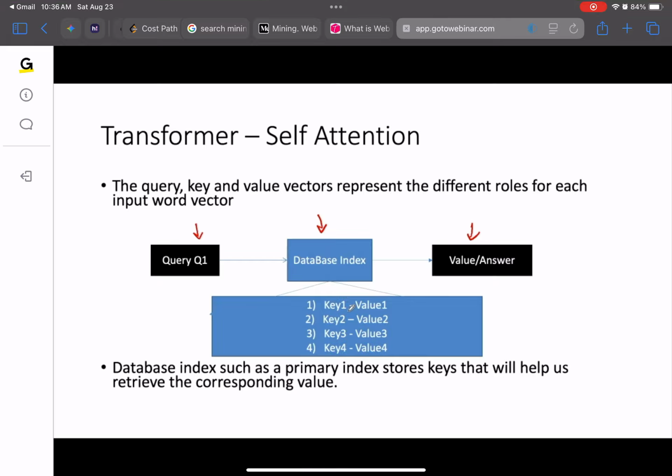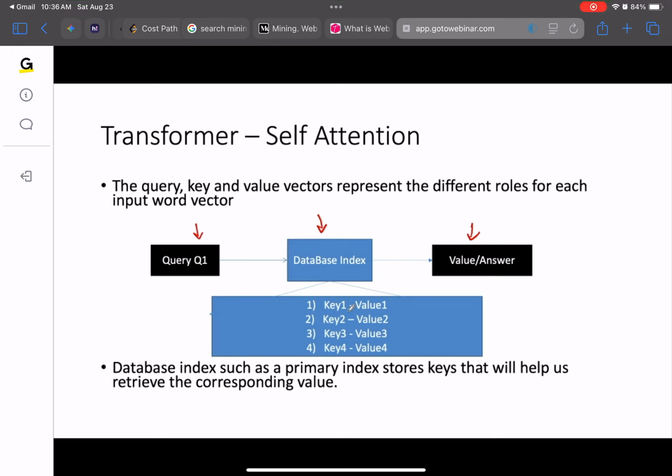In a similar way, we can understand the query, key, and value matrices. We first try to find the relevant key vector for our query vector, and then we pull out the associated value vector.